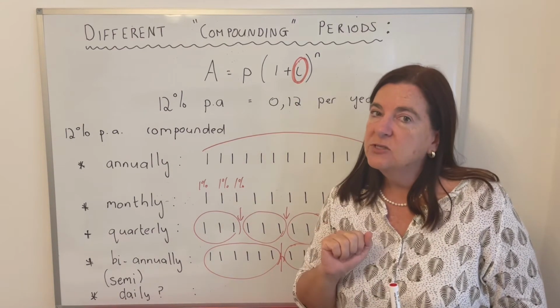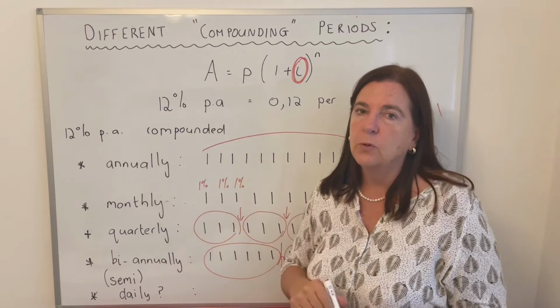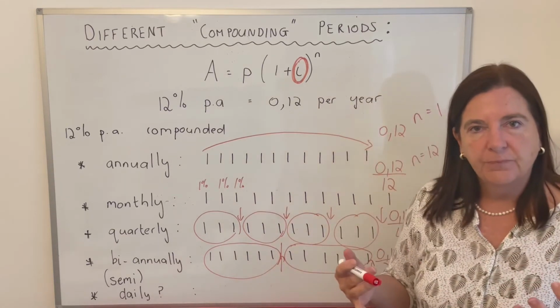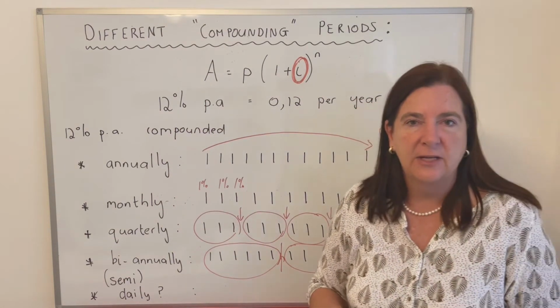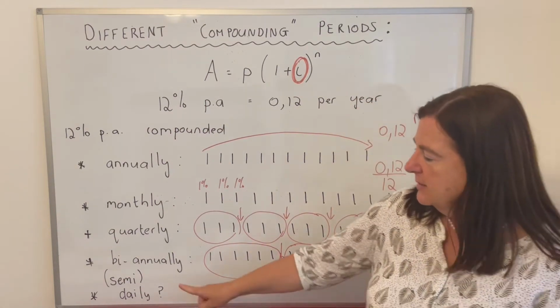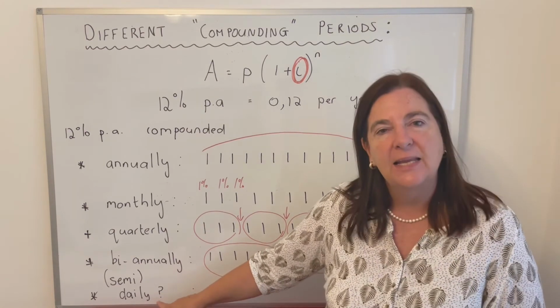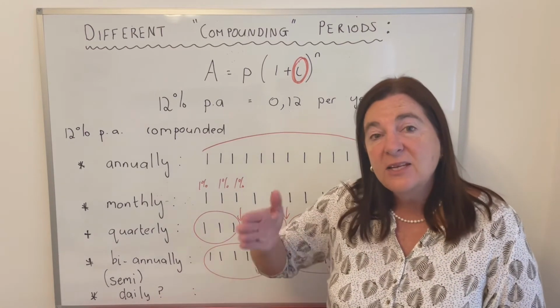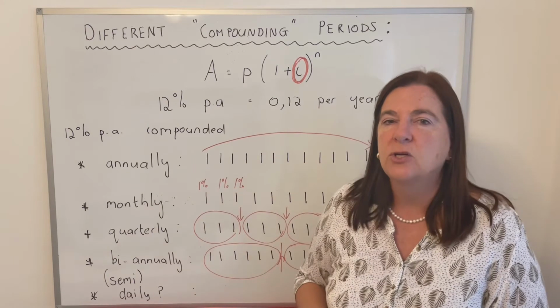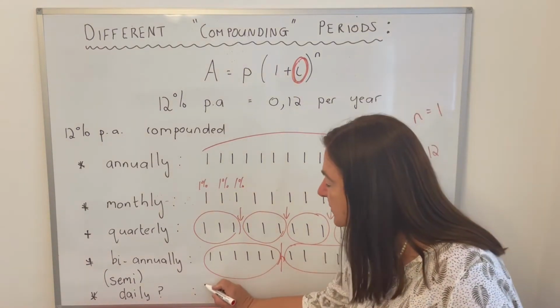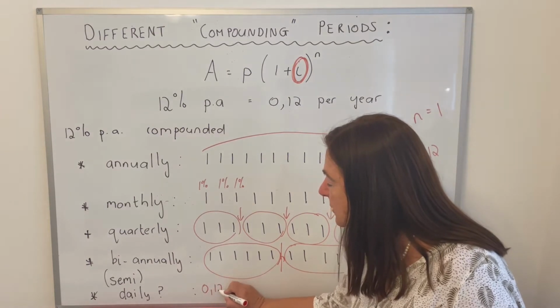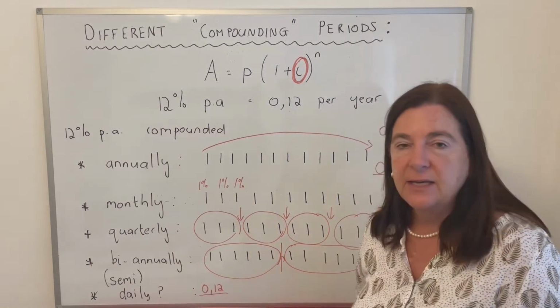I'm going to look at an example now with you on the whiteboard, how this affects the working, whether it's compounded monthly, quarterly, biannually, etc. Also keep in mind, what if it is compounded daily? That means every single day the interest is being charged. So we would take our 12% interest, which is 0.12, and divide by how many days in a year?